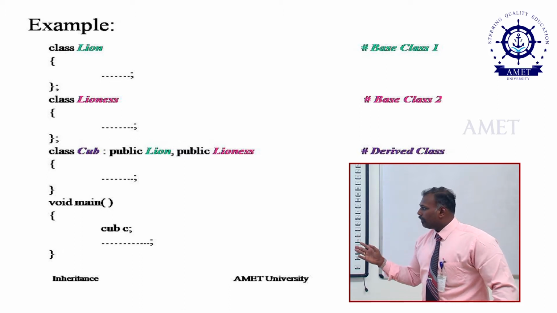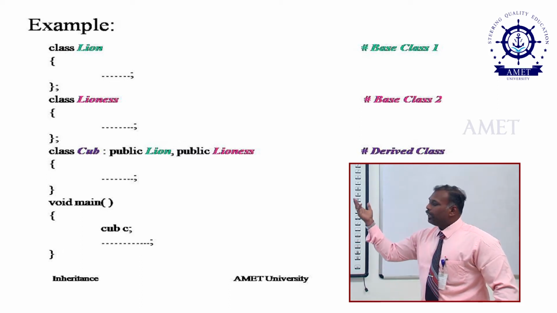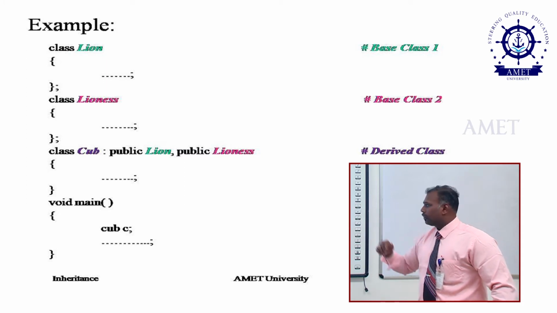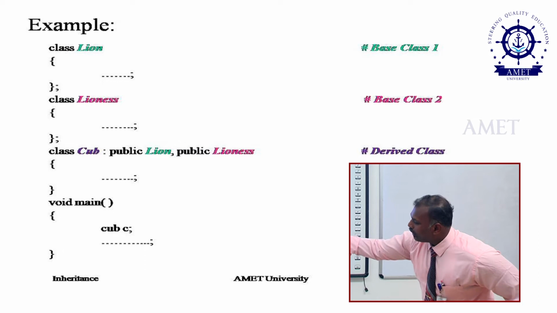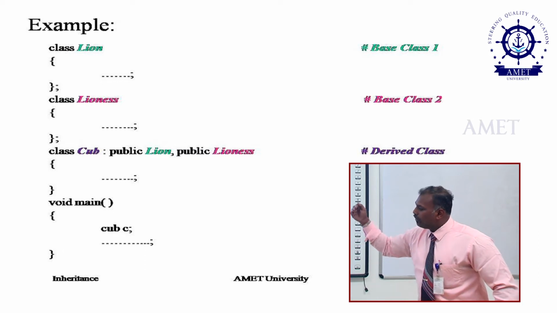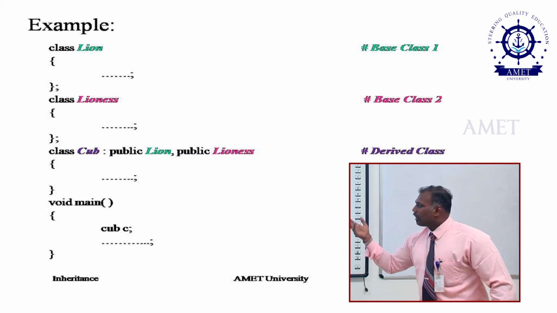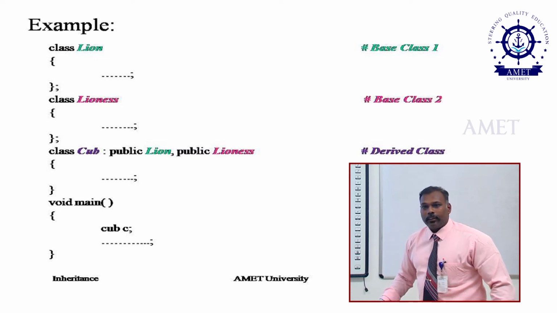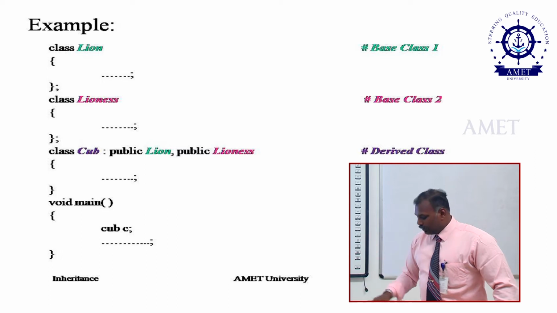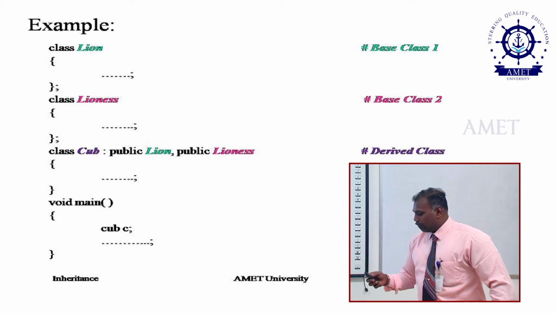Cub is the derived class which inherits the properties of the lion and the lioness. So class cub, public lion, public lioness. This is a derived class. The last class we derived is cub, so for the cub only we are going to create the object, that is cub C. This is the basic example.